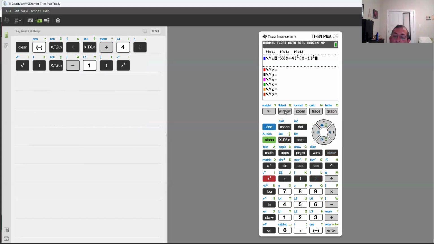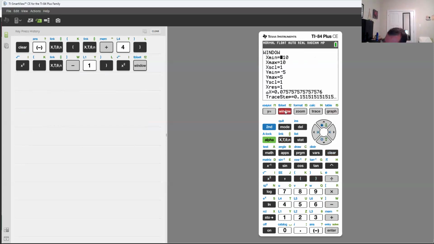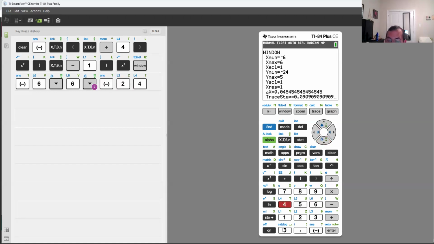Now I'm going to go to my window. My window's probably still set on them -5s and stuff. So this was -6 to 6 for the x's. So punch in -6 for minimum, 6 for maximum. Come down on the y's, and those went from -240 for your minimum, and then up to a positive 240.